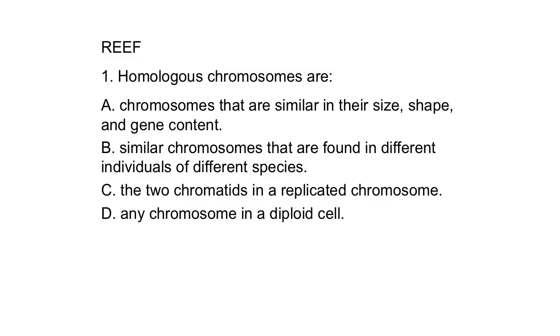The first question is, homologous chromosomes are A, chromosomes that are similar in their size, shape, and gene content, or B, similar chromosomes that are found in different individuals of different species, or C, the two chromatids in a replicated chromosome, or D, any chromosome in a diploid cell. So please open your RIF account and answer this question and the next one after this.